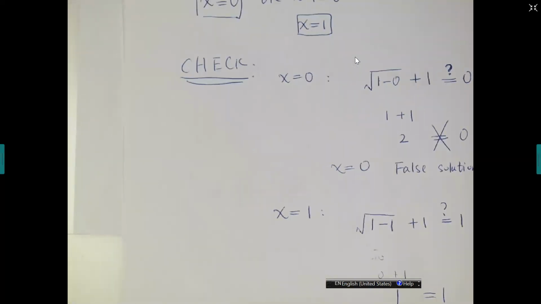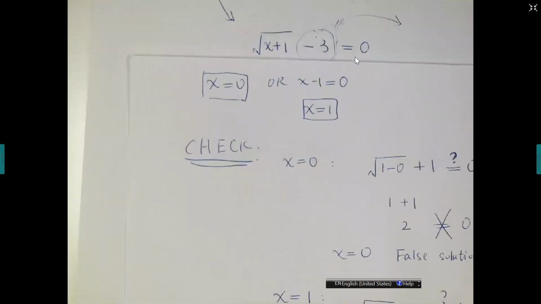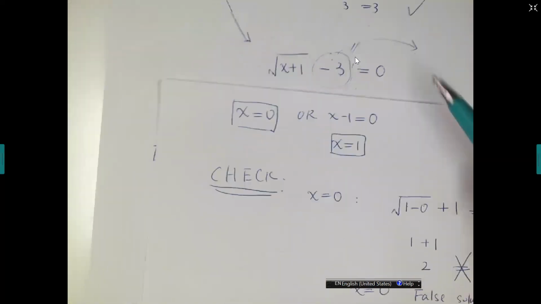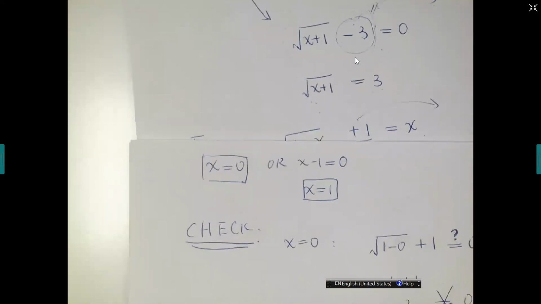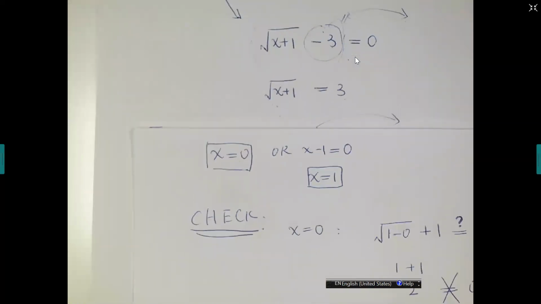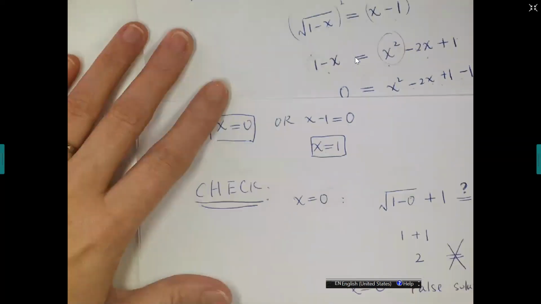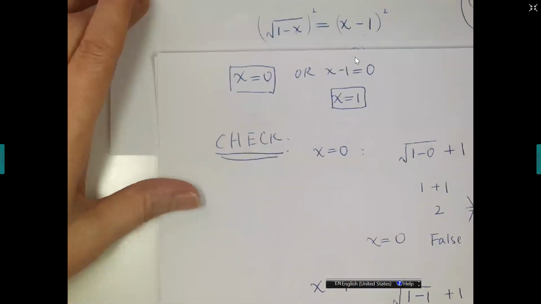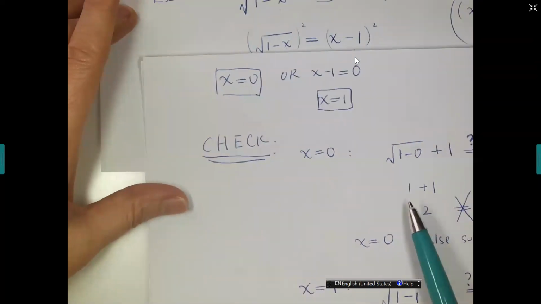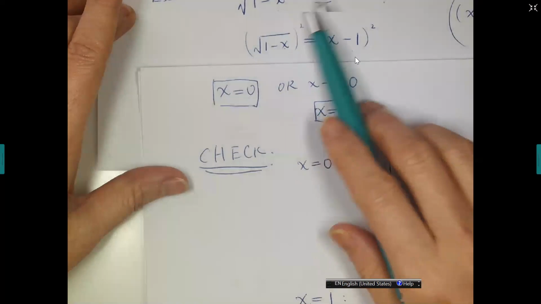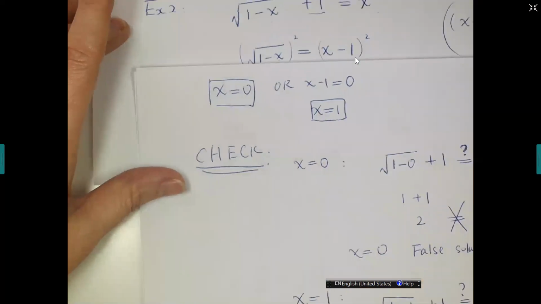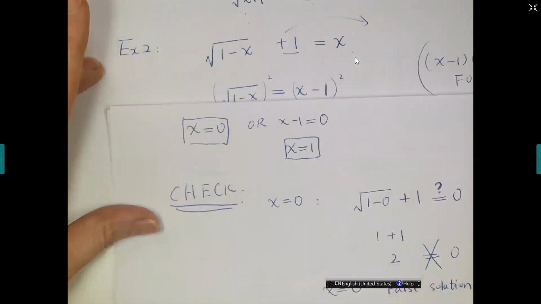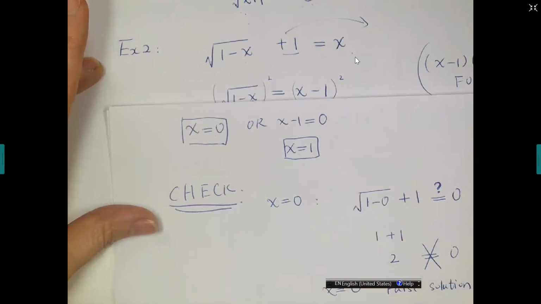We have to plug the solutions back into the original equation, the very beginning of the problem. Then check: are the left side and the right side equivalent or not? If yes, that's a real solution. If no, that's a false solution.